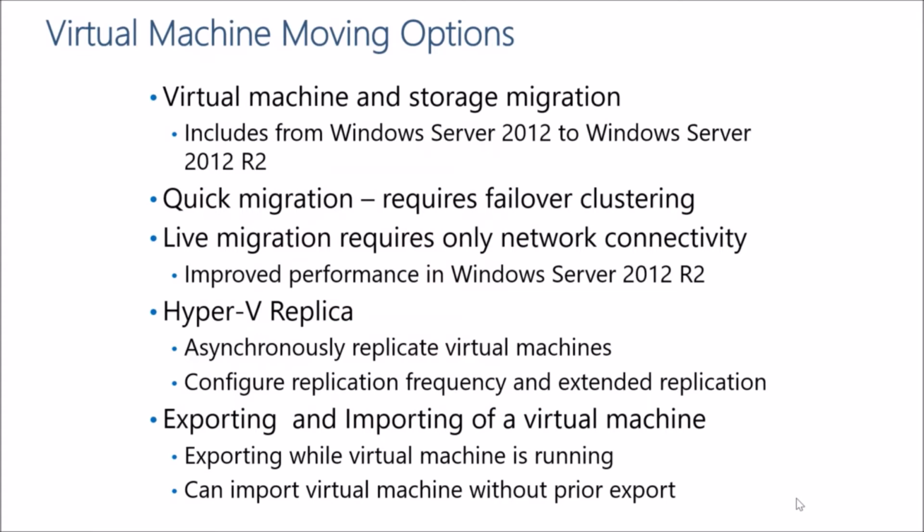The way we can do it is quick migration, which actually requires failover clustering. That's a little bit different to what I said about cold migration, but quick migration is automatic and uses that failover clustering. Unlike live migration, there is some downtime, but all that is happening behind the scenes automatically for you.